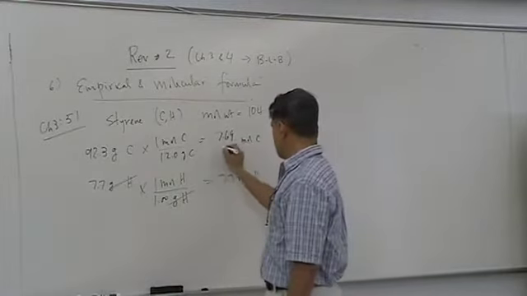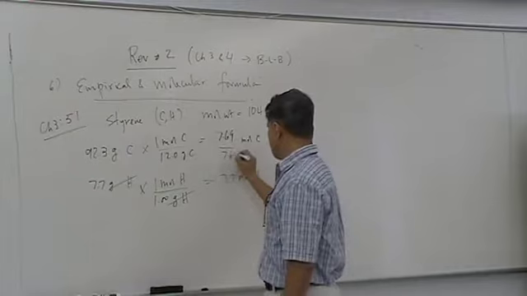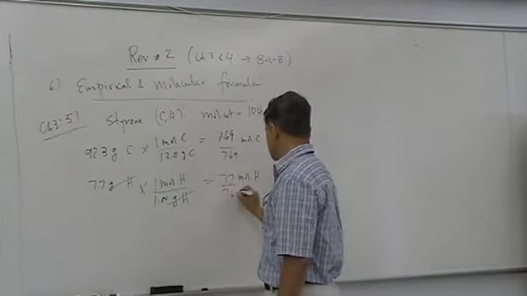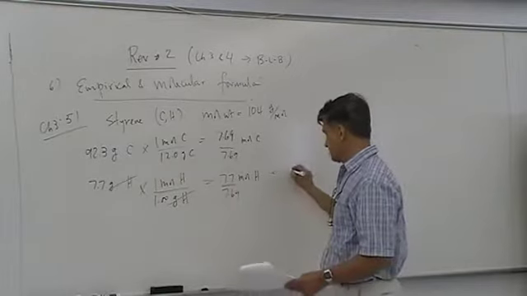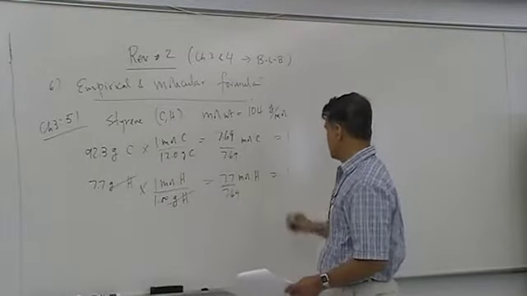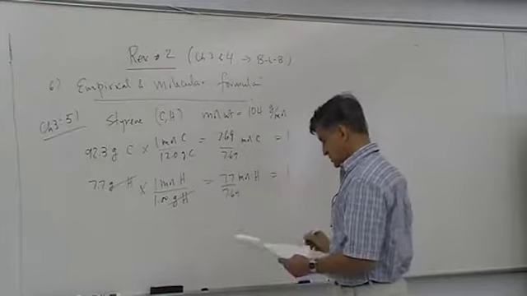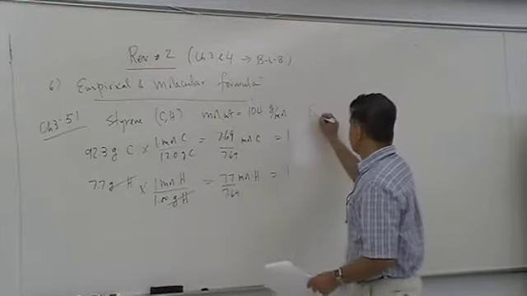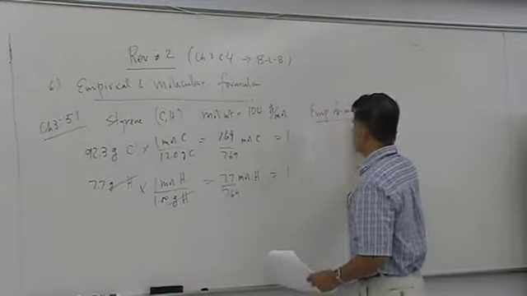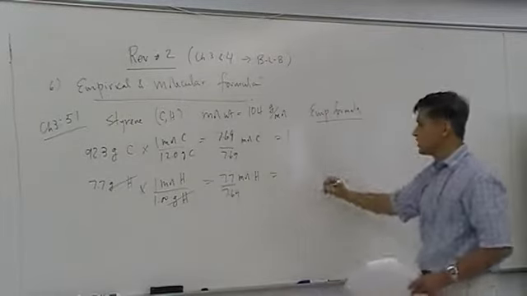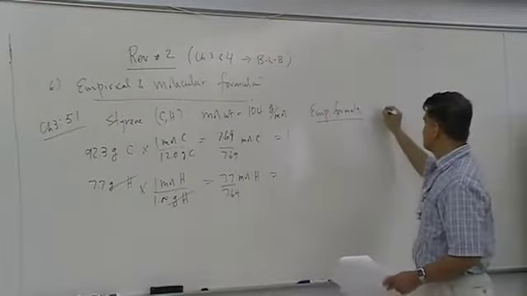So in order to get ratio, divide by 7.69. It's basically 1. So use about 1 here, 1 here. And from this ratio you get empirical formula, 1 carbon, 1 hydrogen. So empirical formula is CH.